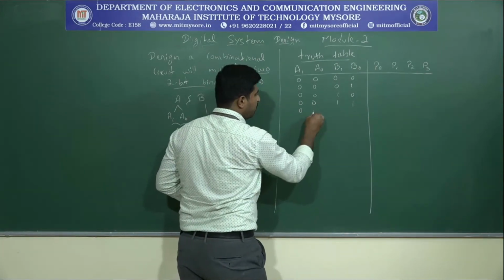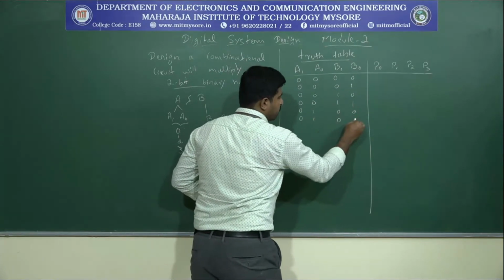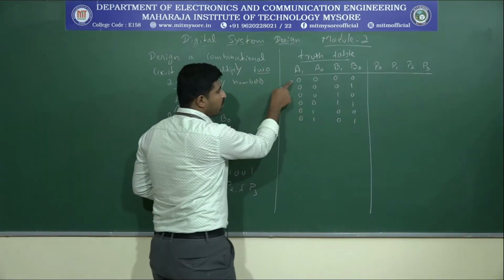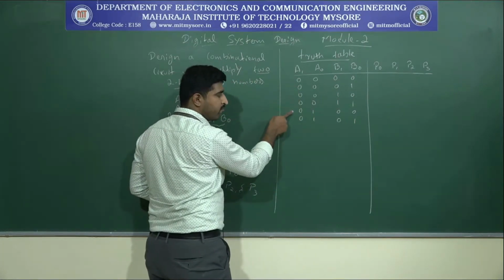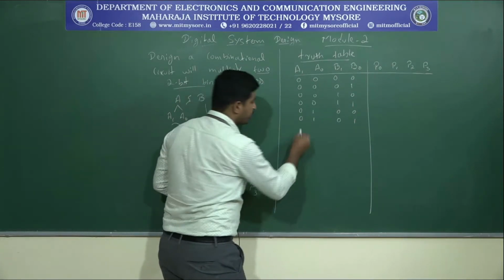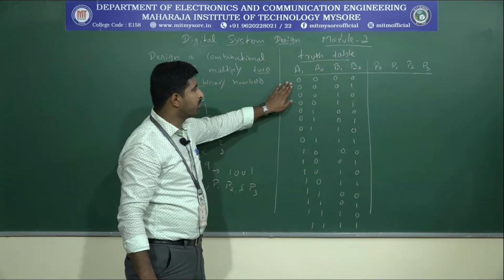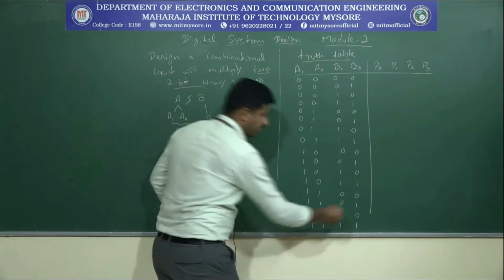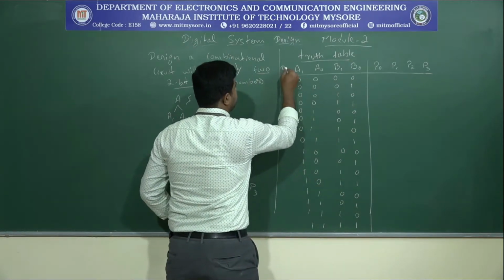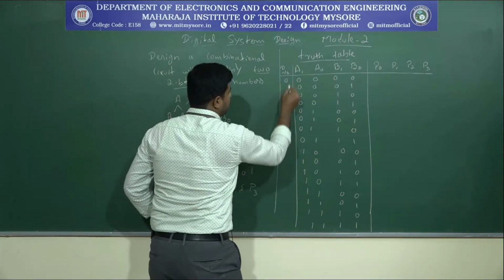Similarly, 1 multiplied with 0, and so on. Correspondingly, the decimal values are 0, 1, 2, 3, 4, 5. Let's continue up to 15. That completes the truth table from 0 to 15. Here I will write the decimal values: 0, 1.